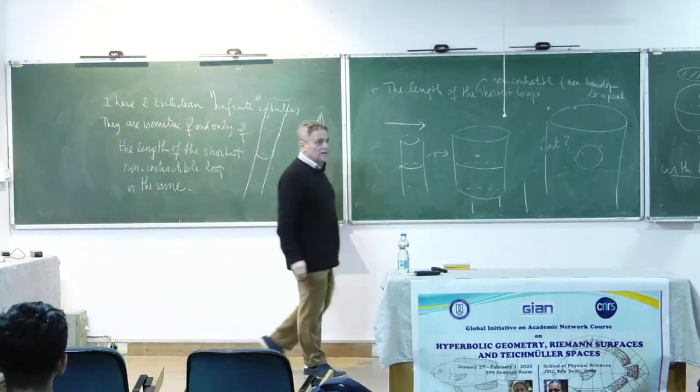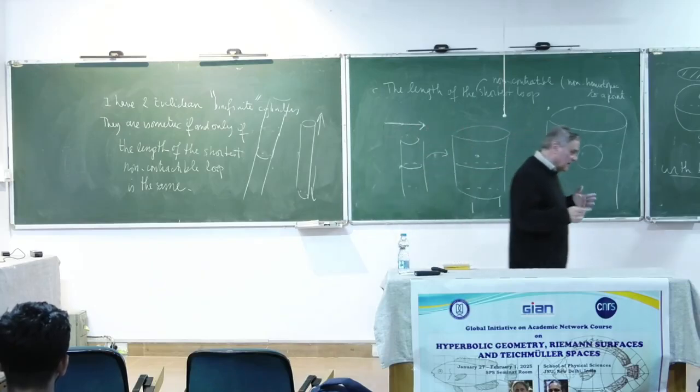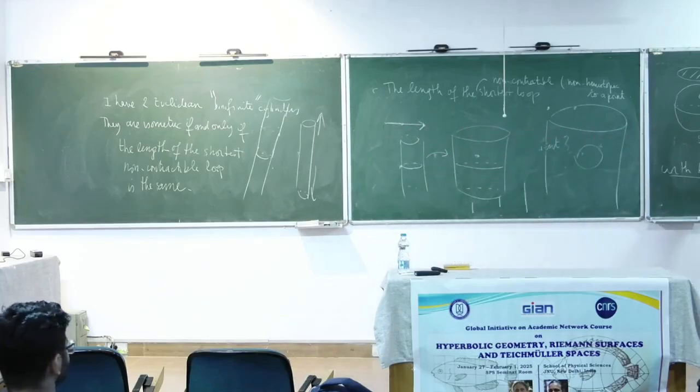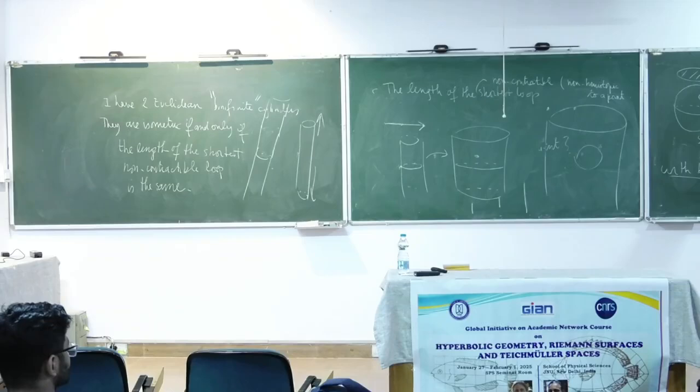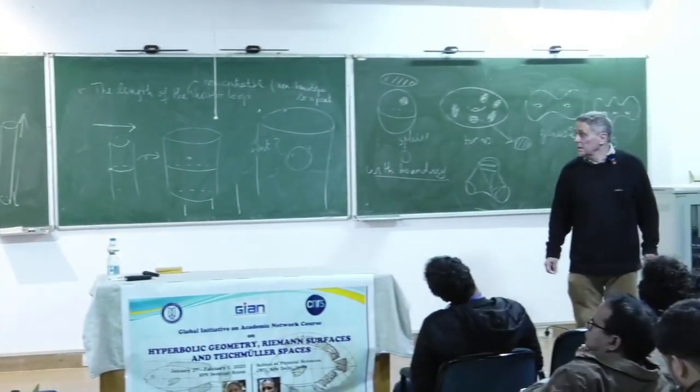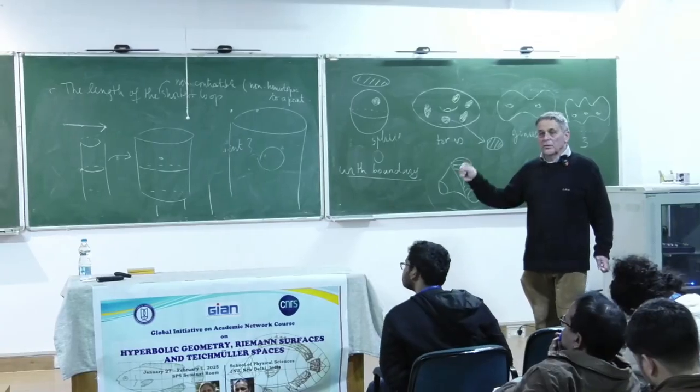Do you believe this now? I didn't prove it rigorously, but what I gave is a proof. In principle, if you know a little bit of topology, you understand this. Are you okay with this?